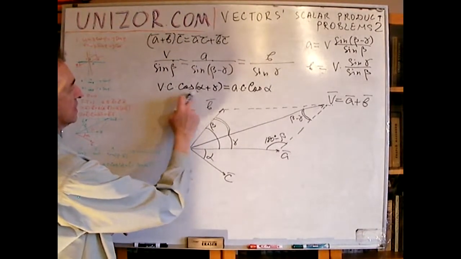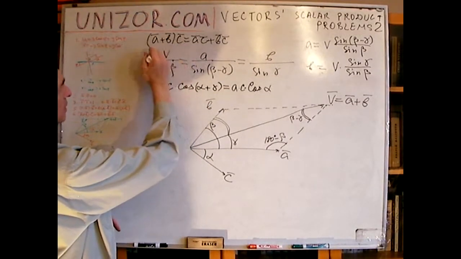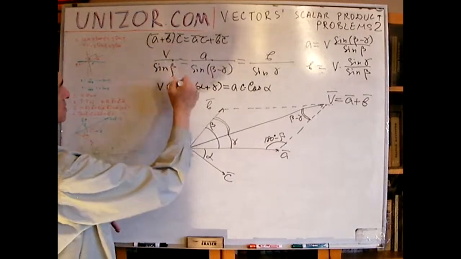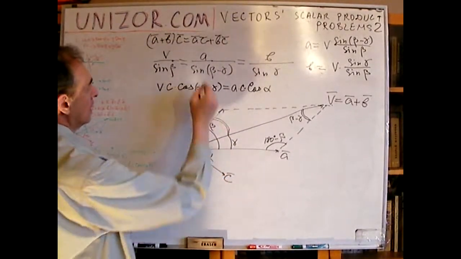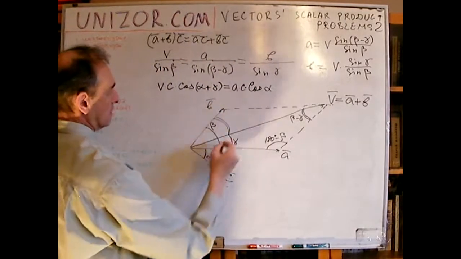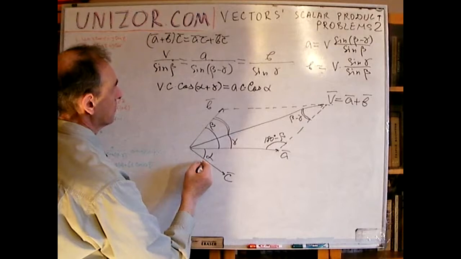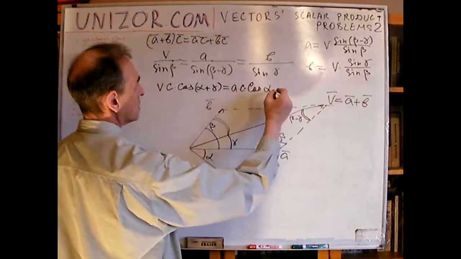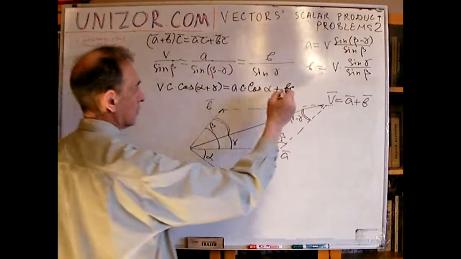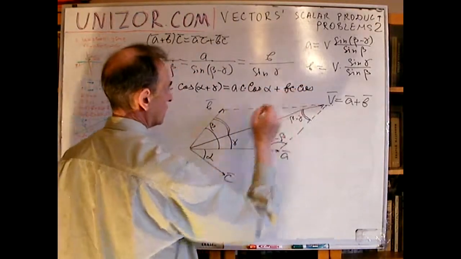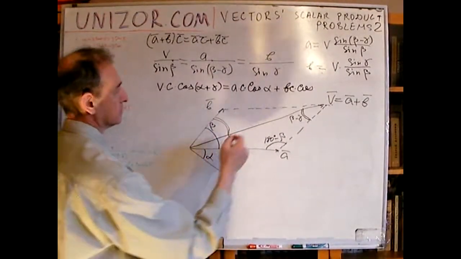So VC and cosine alpha plus gamma is this one. V is the length of this, C is the length of this, and cosine of alpha plus gamma is their angle. AC is this, AC and cosine of alpha between them, and BC is BC cosine of alpha plus beta.